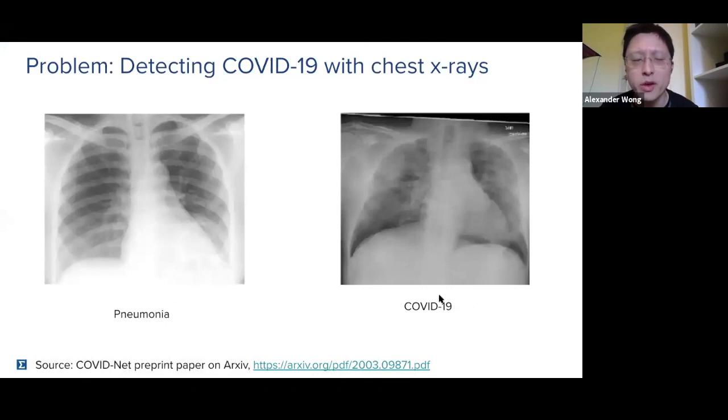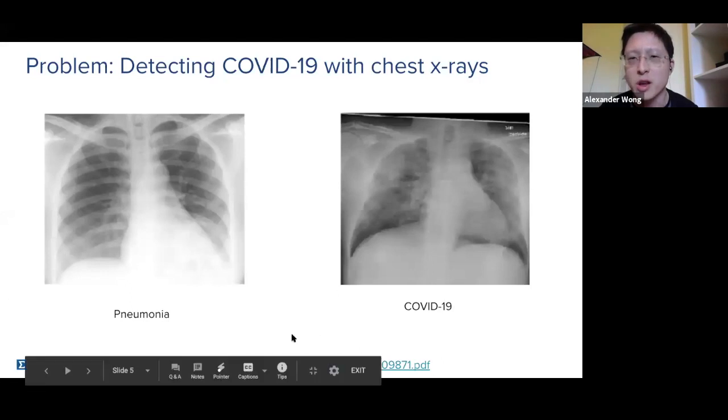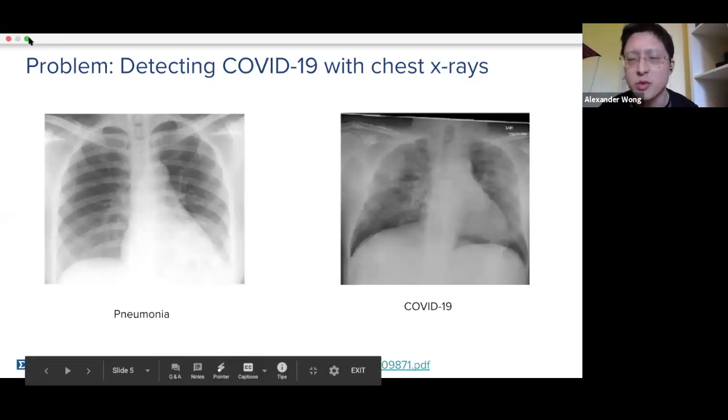So essentially the COVIDnet initiative is a global initiative that we've launched that is focused on open access, open source deep learning for detection of COVID-19, as well as risk stratification of COVID-19 based on chest x-rays, so chest radiography.